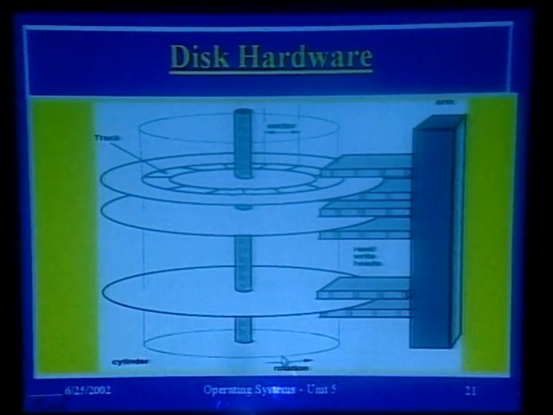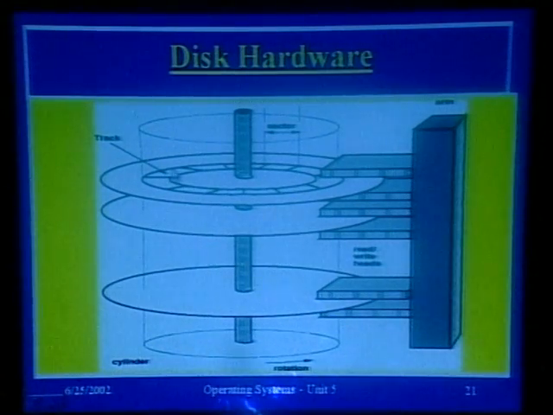We have tracks here, as we see, which actually contain the data, contain the information, and the cylinders are subdivided into sectors. From this point to this point is one sector, and then from this point to this point we have a sector, from this to this we have a sector, and so on.